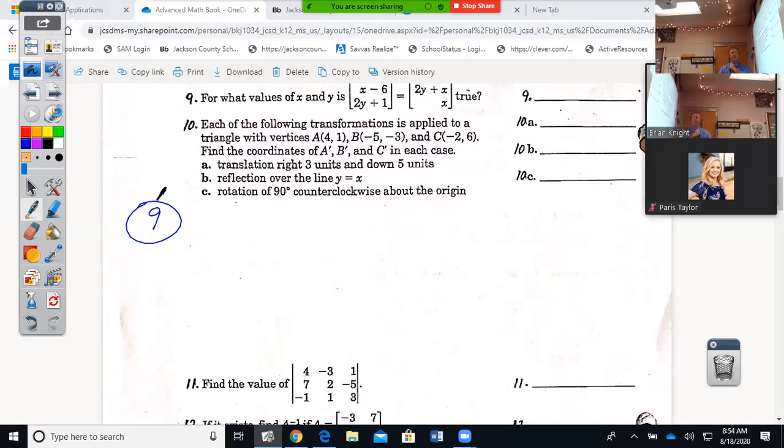Okay, so that means the matrices have to be the same. So what does x minus 6 have to equal? 2y plus x. And what does 2y plus 1 have to equal? x. Okay, so this is just my sneaky way of making you do one more system of equations without you really thinking you're doing a system of equations, okay?